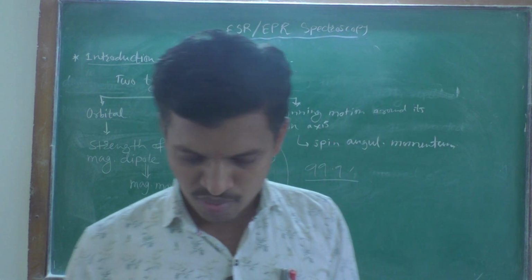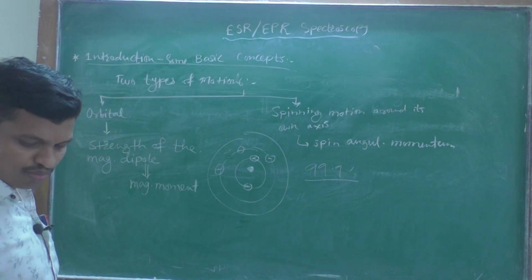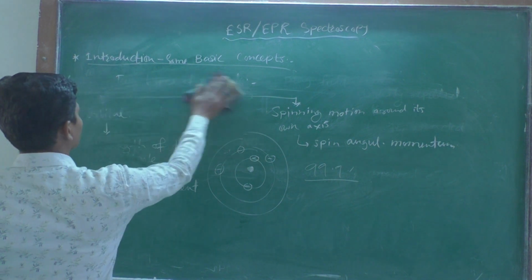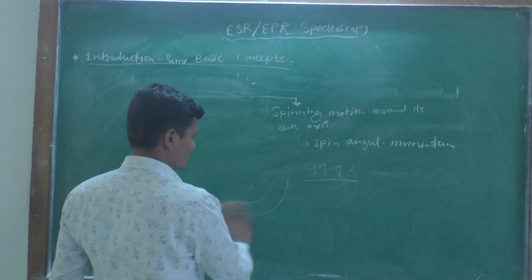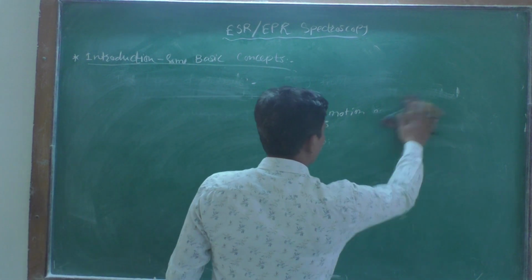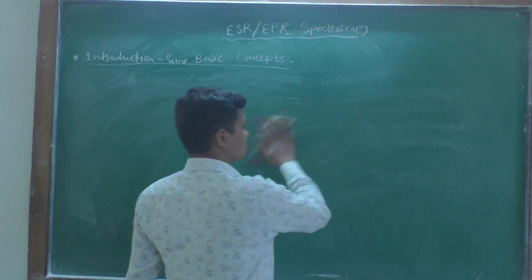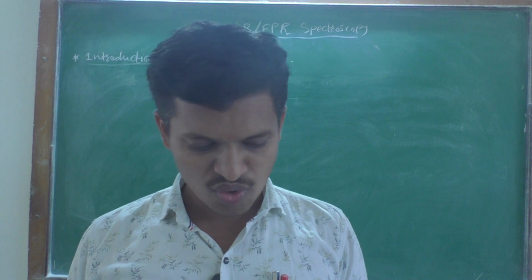Now, for a system which contains only one electron, such as the hydrogen atom. The hydrogen atom has only one electron, its atomic number is 1, so Z is equal to 1, and hence E is equal to 1.